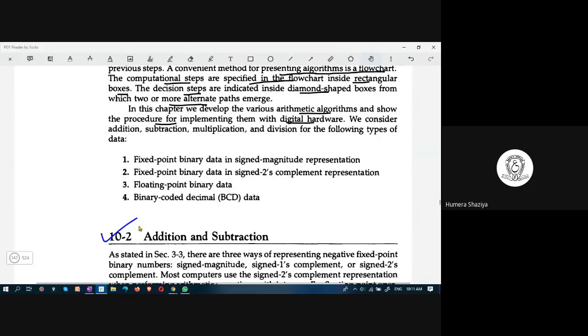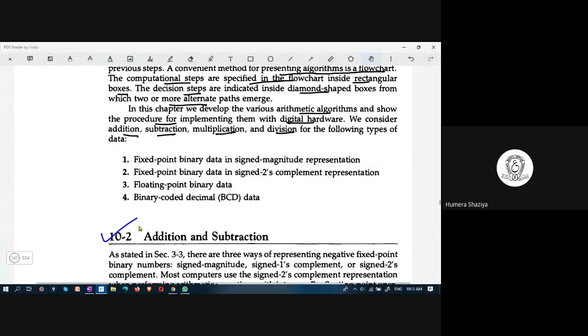As humans, we usually write all the calculations in a book with a pen or pencil. Likewise, a computer system has to have hardware that actually implements the algorithm. And we are going to consider addition, subtraction, multiplication, and division for the different types of data.